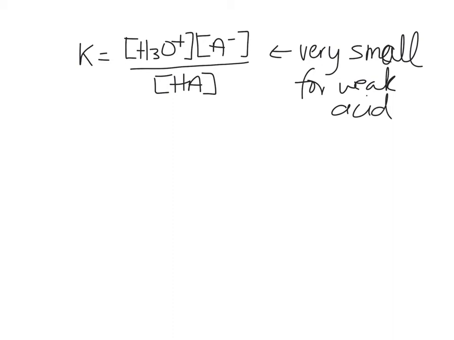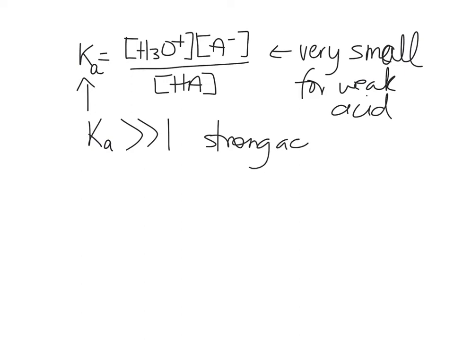We have moderately strong acids, and that means it's usually times 10 to the negative 3, times 10 to the negative 4 in terms of size. If you look up the Ka values, because we call this a Ka because it's acids, for a strong acid it'll say much greater than 1, and there won't be a value. But weak acids you'll be able to find in a Ka table, just like our solubility products.